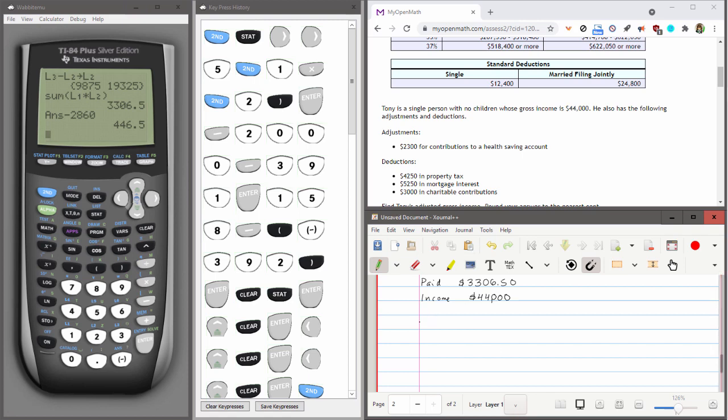That means that he actually paid, well, what percent of his gross income? The amount he paid divided by his gross income times 100% to make it a percent.